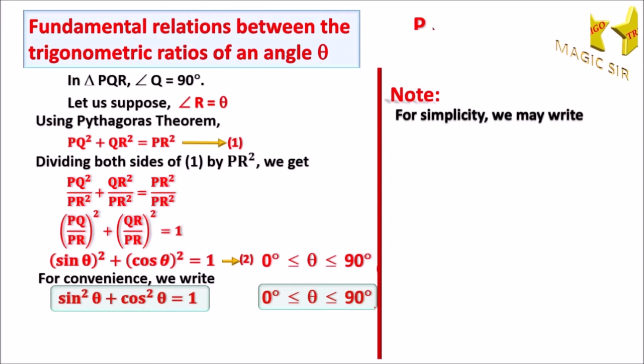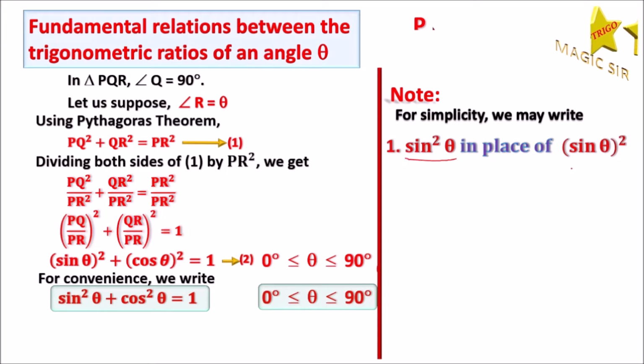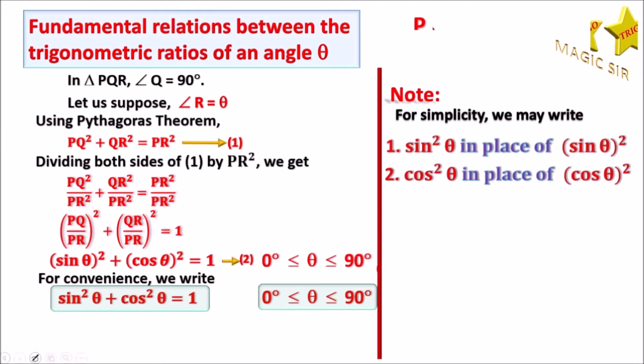Note that for simplicity, we may write sin square theta in place of (sin theta)^2, and cos square theta in place of (cos theta)^2.